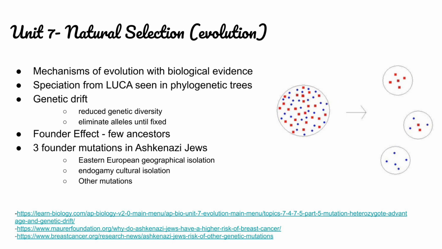Additionally, we find that other mutations may also be present in Ashkenazi Jews that are causing breast cancer, such as the CHEK2 gene, which also has some studies that show that it is another factor that can hint at breast cancer.